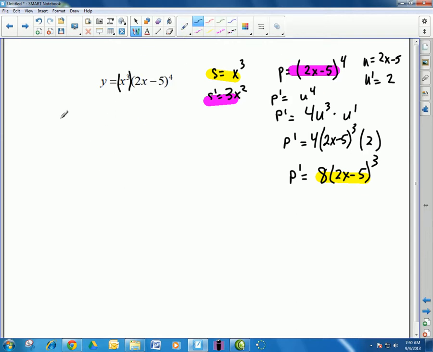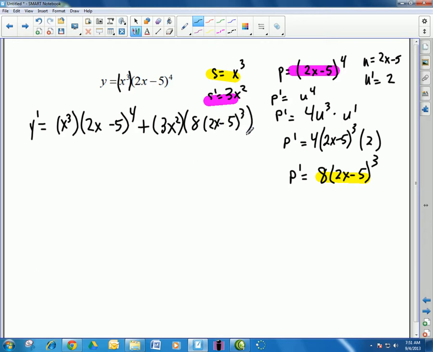And when you do that, y prime is going to be x to the third times 2x minus 5 to the fourth plus 3x squared times 8 times the quantity of 2x minus 5 to the third. If we go through and simplify this as far as we can, wait, looking at this, hold on.